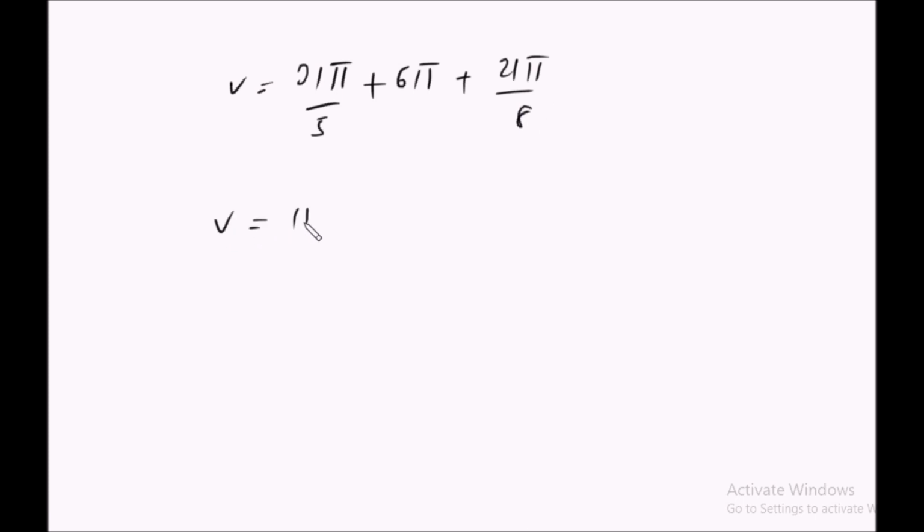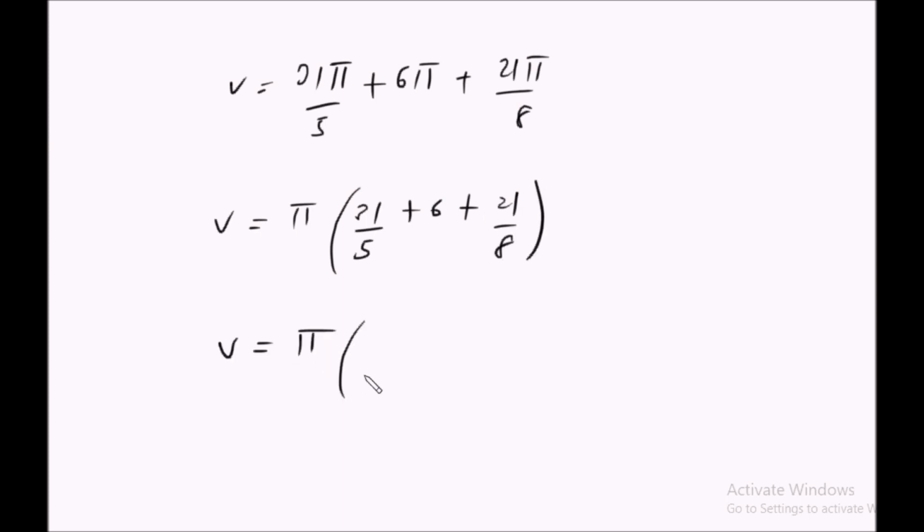So toa nje pi hapo, utapata 31 over 5 plus 6 plus 21 over 8. So nikichukua 31 over 5 plus 6 napata nini? Napata 61 over 5. Faster tu kwa kichwa inafanyika. Over 21 over 8. So this is pi is just 40.